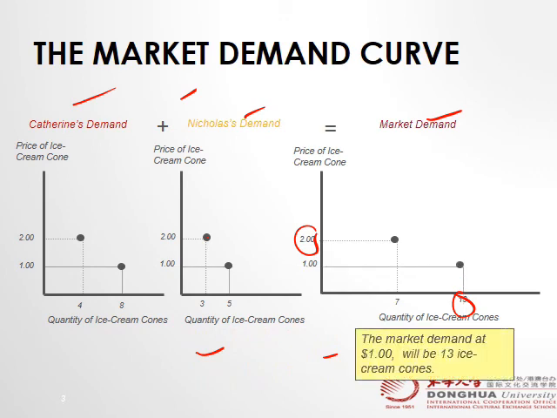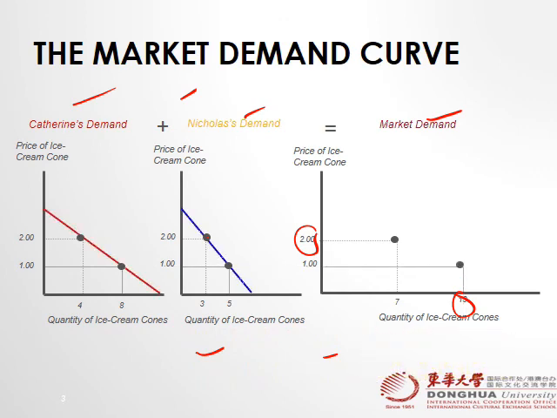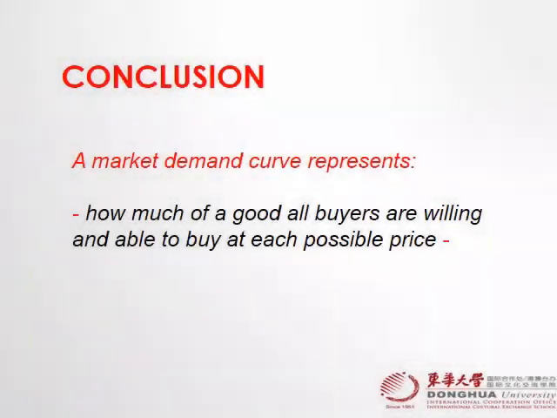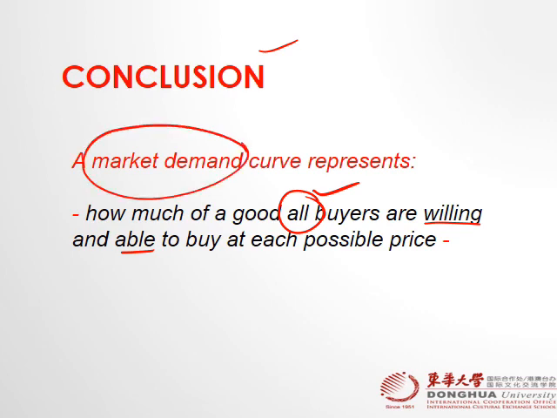We just connect the dots here and we will find that this is the market demand. So the conclusion is that a market demand curve represents how much of a good all buyers are willing and able to buy at each possible price. So why did I highlight this "all"? Because we are talking about market demand.